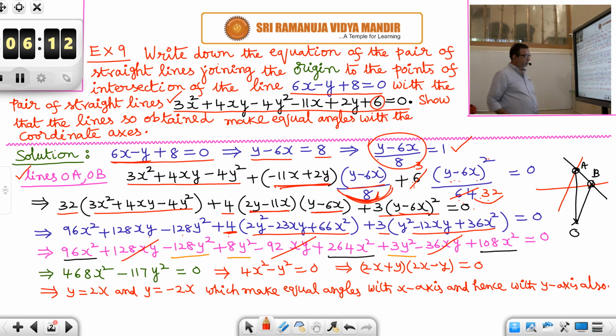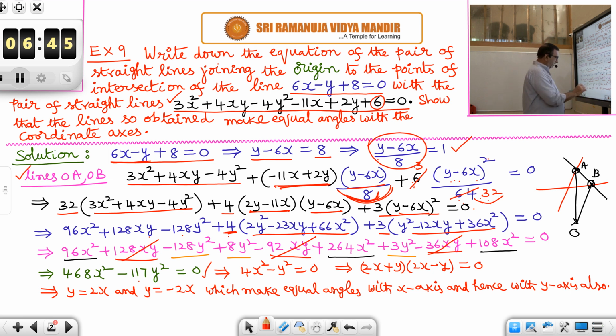And finally, if you simplify, the xy terms get cancelled out. See, 128xy minus 92xy minus 36xy. So xy terms get cancelled. You will get 468x square minus 117y square is equal to 0. So divide by 117, because 468 is nothing but 4 into 117.